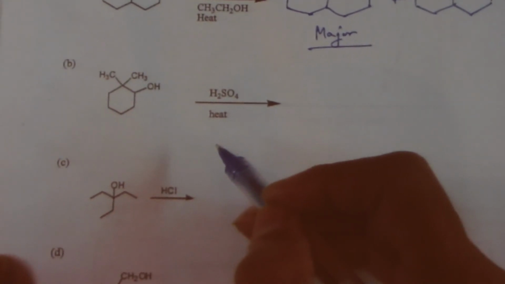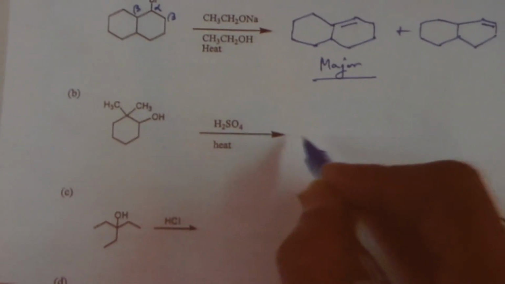Now this one goes through a carbocation again, with a strong acid. There is no good nucleophile. So what kind of reaction is this supposed to go through? Most likely an E1 process. So you generate a cation, and you can generate another cation that is more stable than that.